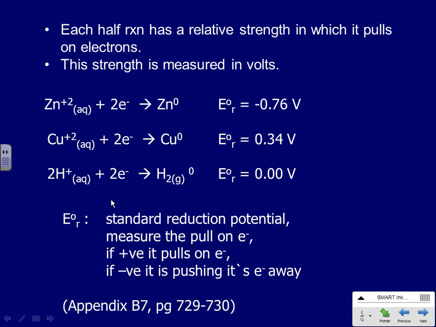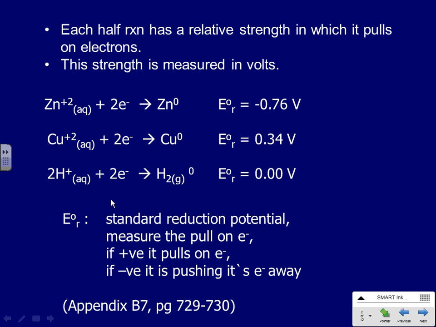So what we're doing, when we put the standard reduction potentials, it's like we're putting everybody on a ladder with each rung representing a certain potential to grab up electrons, with H2 being defined as the 0 point.